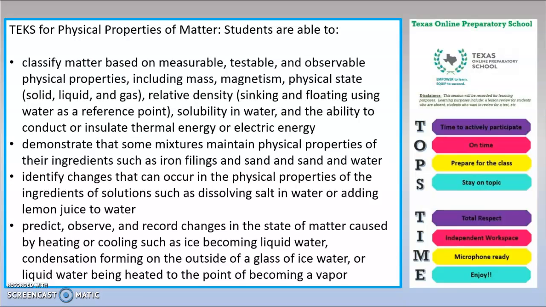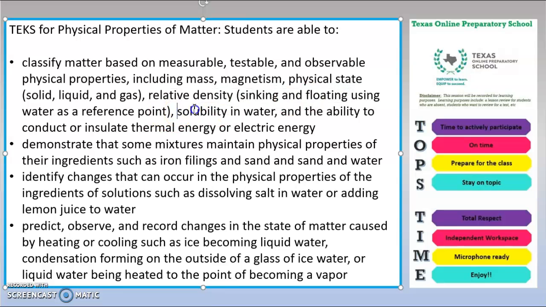Now, our TEKs that we're looking at on this are to classify matter based on measurable, testable, and observable physical properties, right? So we're looking at all these properties of mass, for example, magnetism, physical state, right? Solid, liquid, or gas. Relative density, is it going to sink or float?